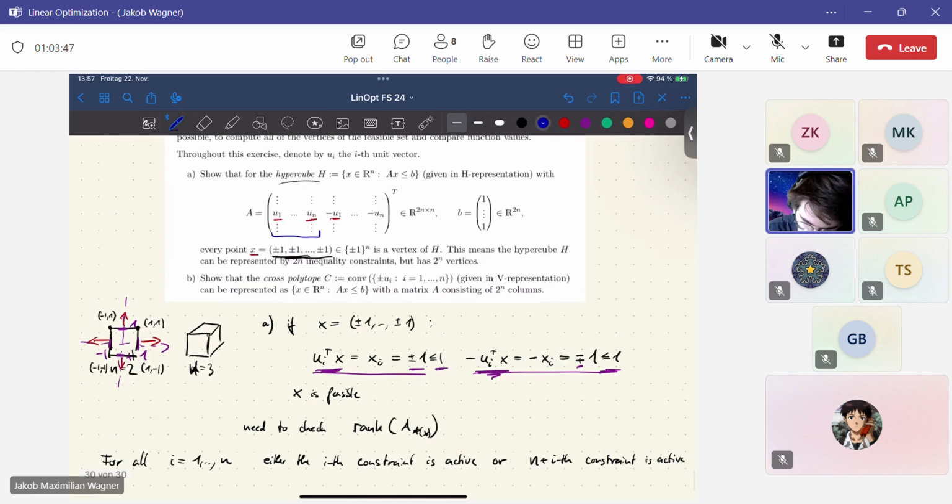So if the first n constraints are the positive ones, then the (n plus i)th constraint is just minus the ith unit vector.